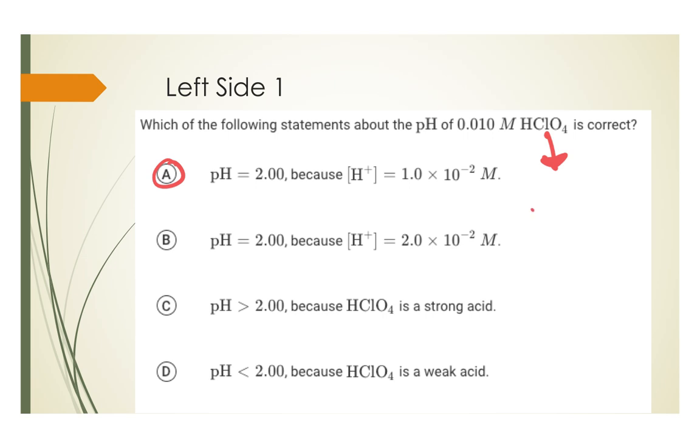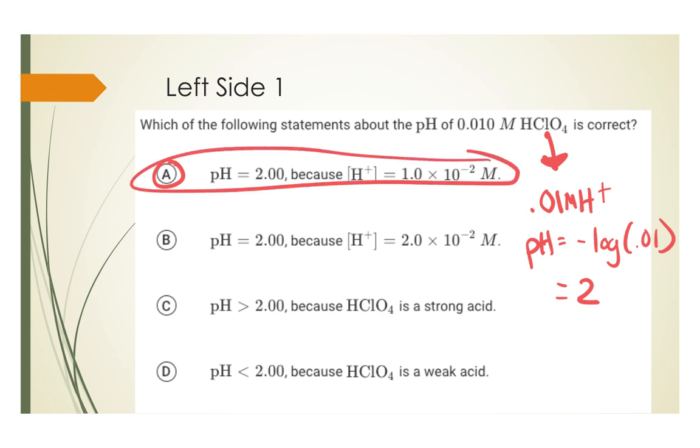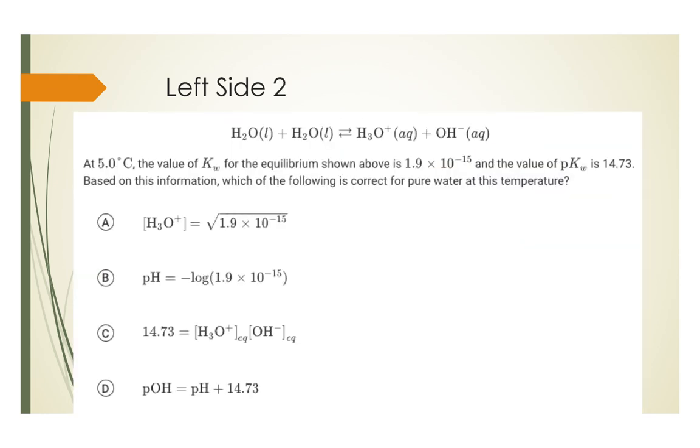So that means that the concentration of the H+ ion is going to be 0.01 molar. So pH equals negative log of the concentration of that, which would be 0.01, and that would give us 2. Another way of saying 0.01 is 1 times 10 to the negative second. So there's our answer.